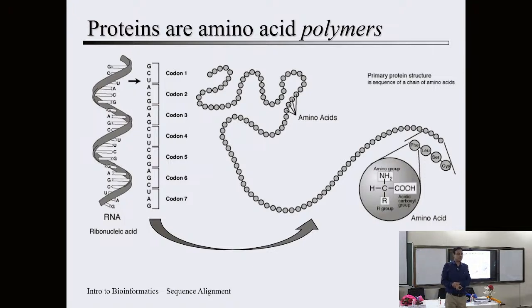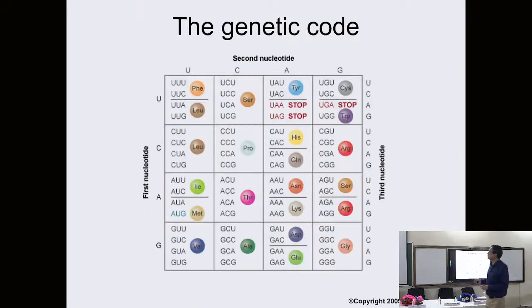Okay. So which would imply that an amino acid is coded by one codon or more than one codon. Sometimes it could be just one codon, but sometimes it could be more than one. So that's why I said one or more than one. So look at this genetic code.